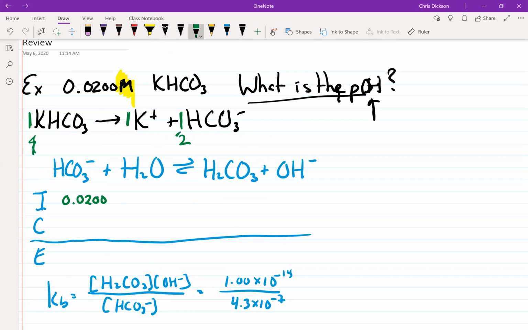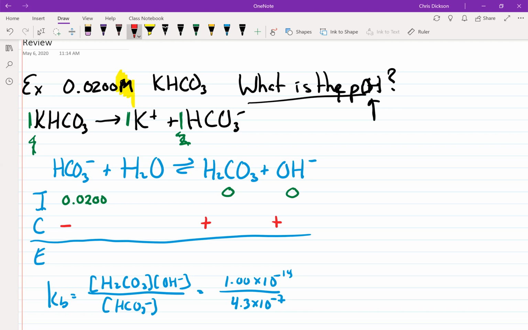So scribble those out. And we know that the hydroxides would be 0 and the H2CO3 would be 0. What we're saying there is that's the amount of those chemicals that have ionized. If it hasn't ionized yet from the bicarbonate, they would be 0 right now. And of course, once the bicarbonate ion ionizes the water, the right-hand side is going to increase in concentration and the left side is going to decrease.